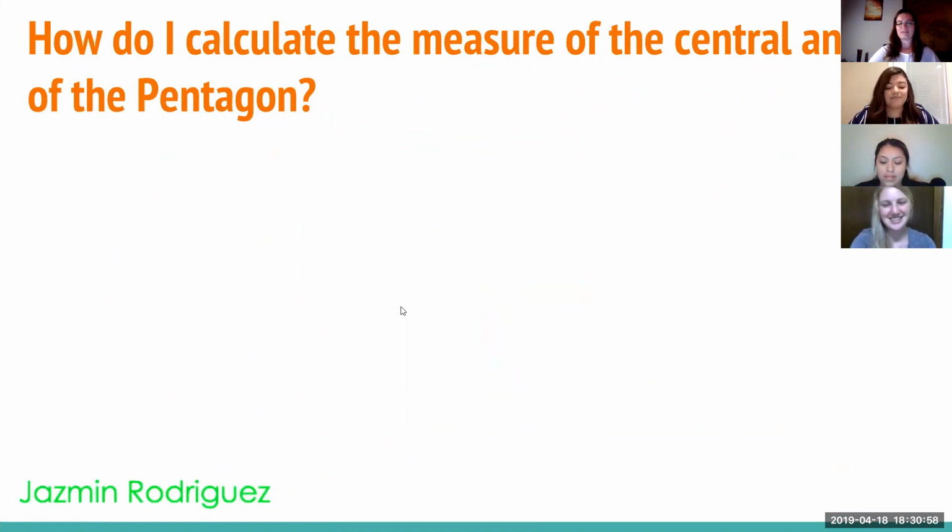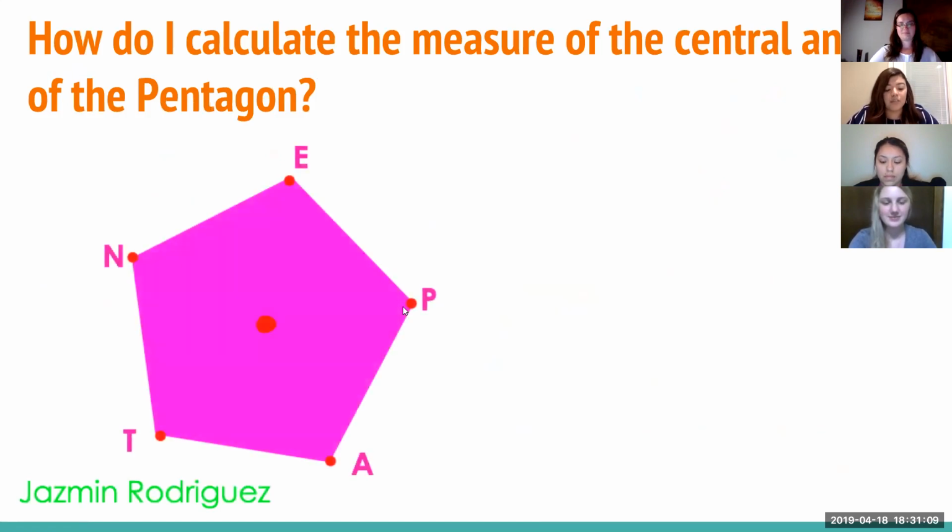Jasmine, how do we calculate the measure of the central angle of the pentagon? Good question, Jessica. First, let's review what a central angle is. It is simply the angle created at the center of a polygon. You create a central angle by joining 2 adjacent vertices of the pentagon at the center. The formula to find the central angle is 360 degrees, which is what it takes to go all around the center of the polygon, divided by n, which represents the number of sides of the polygon.